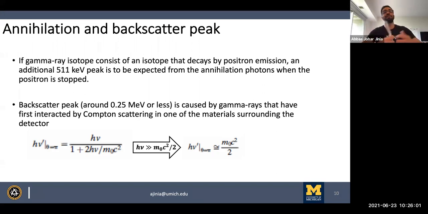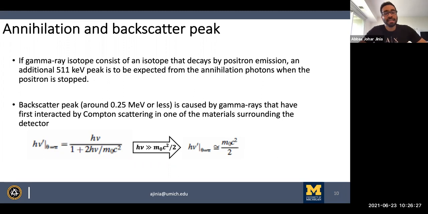But what if there is a gamma ray source that consists of an isotope that decays by a positron emission? Because it is decaying by a positron emission, annihilation will happen, and we will see a 511 peak in our gamma ray spectrum, and that's because of the annihilation reaction.